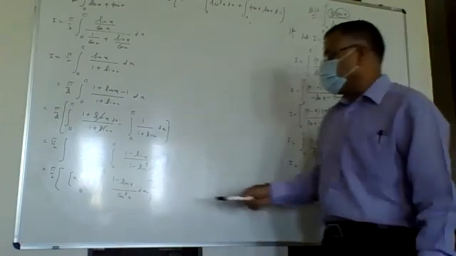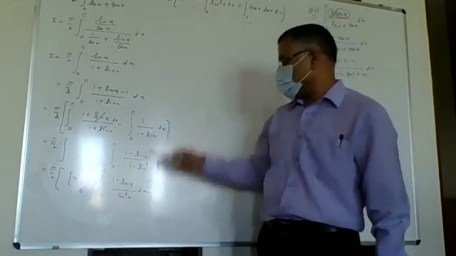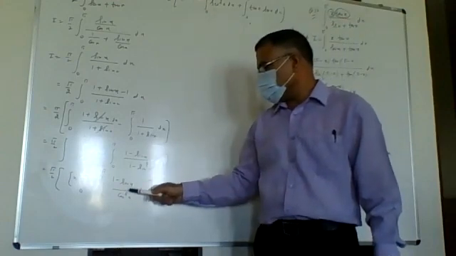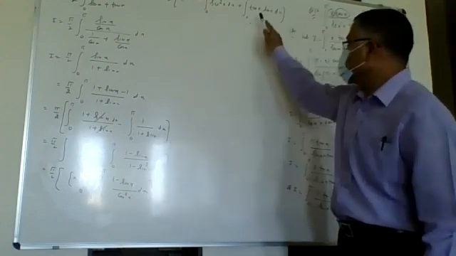I have made the simplification here: 1 over cos square x is secant square x. Sin x over cos square x means sin x over cos x, tan x, times 1 over cos x, secant x.